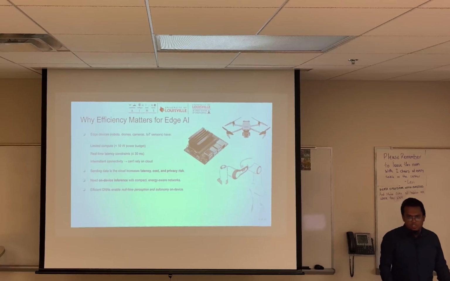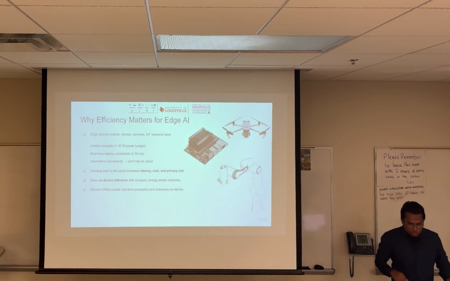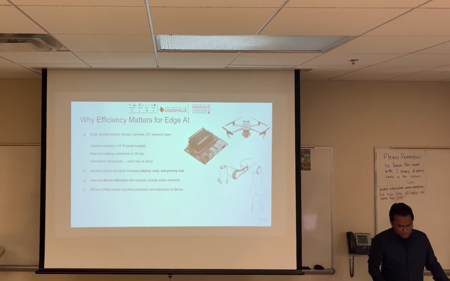If you want to achieve real-time performance on this kind of device, then you really need to be strict. There are resource constraints in there. Relying on cloud inference also adds more delay, cost, and privacy risk.